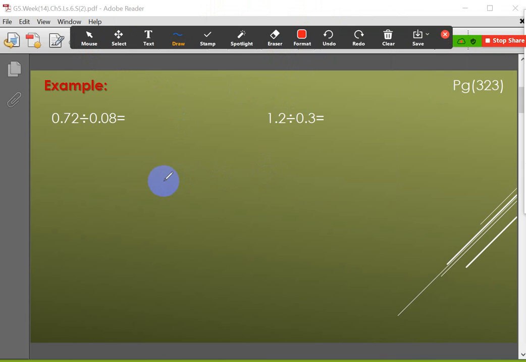So you know girls, we learned yesterday, or last lesson, about how I will divide a decimal number on a whole number. That means I learned the division for decimal when the divisor is a whole number. But now the divisor is a decimal. So how will I deal with this exercise?